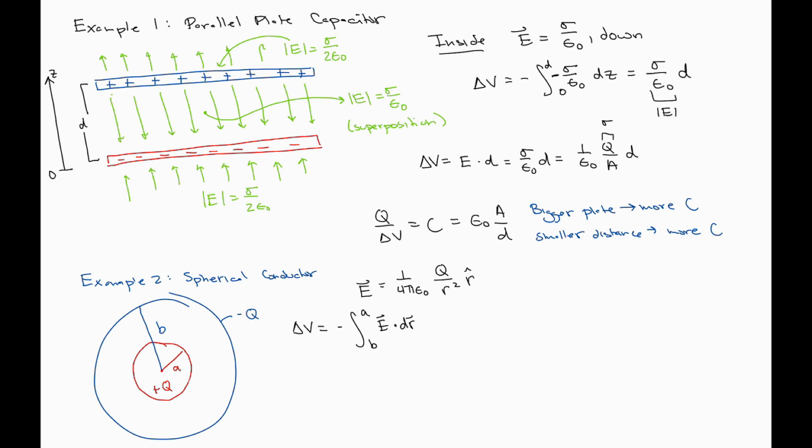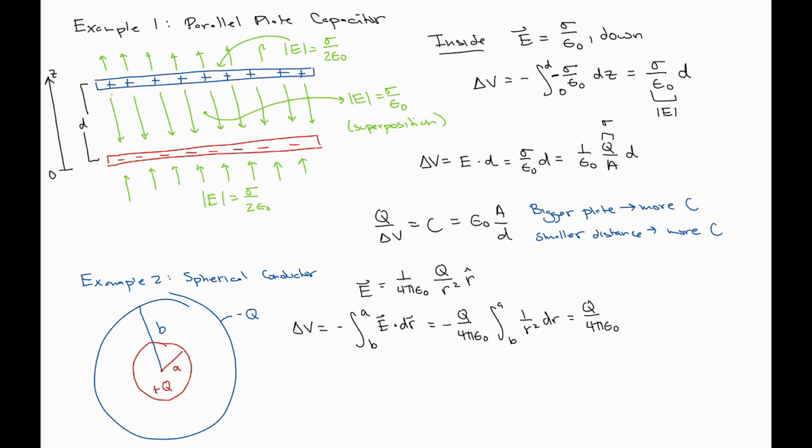So I'm basically doing the integral from the outside in. When I plug in that electric field, the dot product goes away because r hat and dr are in the same direction. Let me pull out all the constants: negative Q over 4 pi epsilon naught, and then the integral from A to B of 1 over r squared dr. When I take that integral, the negative sign is going to go away.